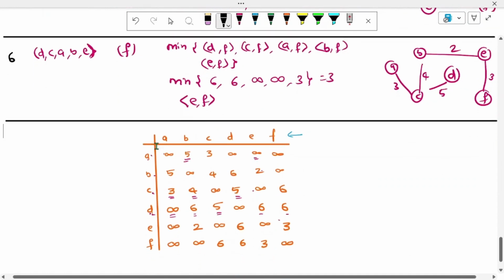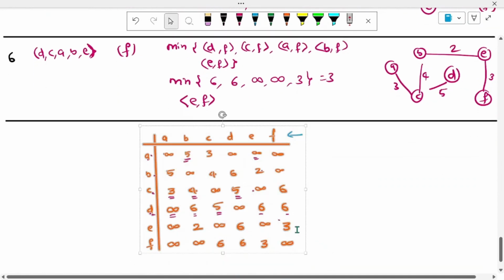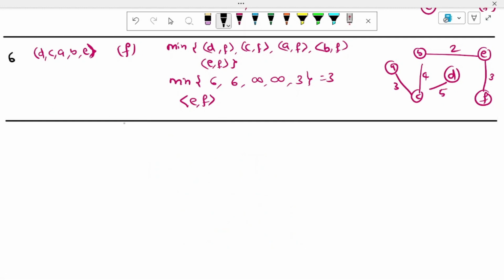See, number of steps will be equal to number of vertices that you are having. In each step, you are going to consider one vertex. Okay, and then at the end, if you count the number of edges and vertices, there should be one less than the number of vertices in the edge.